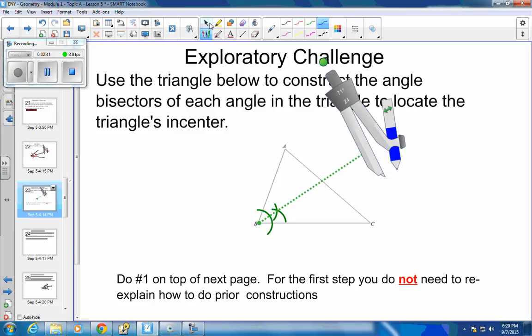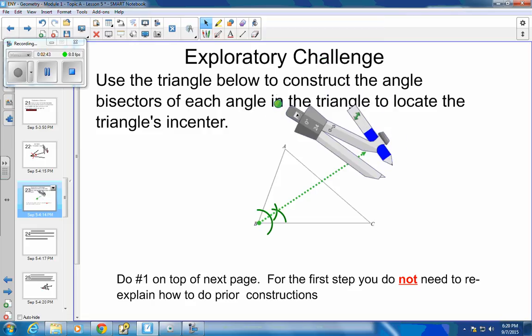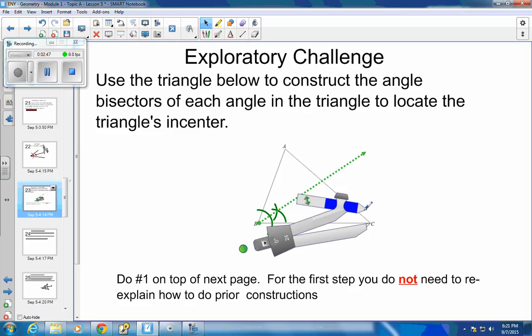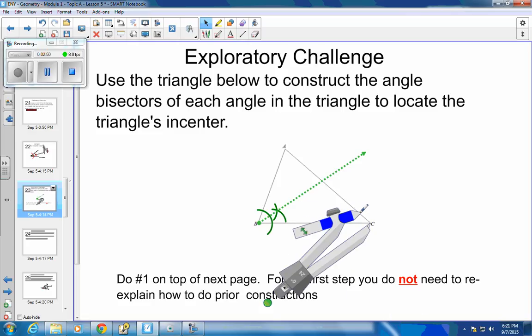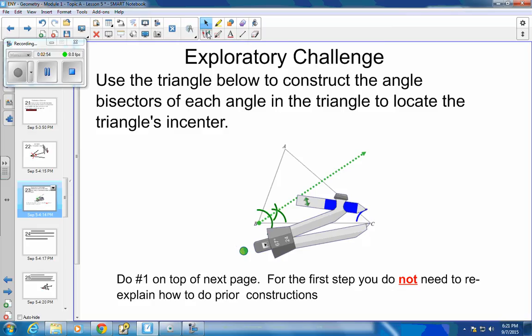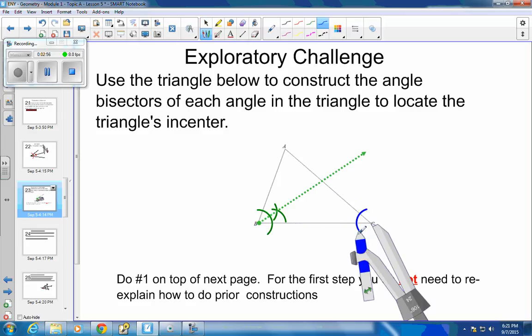Now I'm going to do the same thing from a different vertex. So I'm going to come over here to my vertex C. I'm going to draw my first arc, my circle centered at C with any radius. Okay.